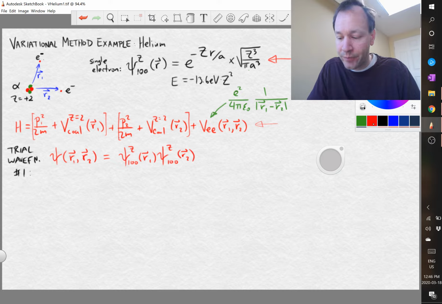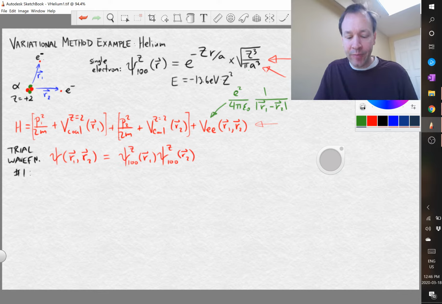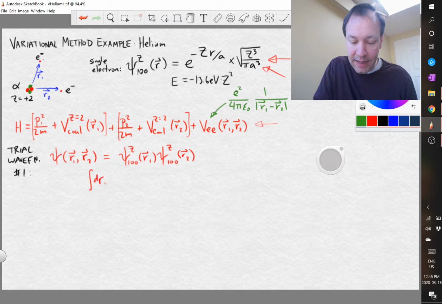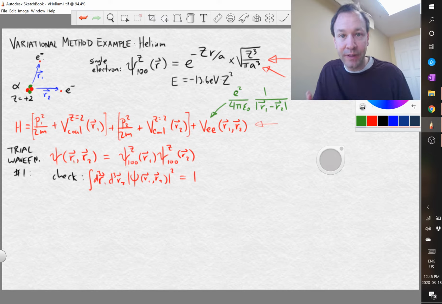and in the subsequent videos we'll improve on that, but let's just see what we get in this case. Now this wave function is already normalized because the normalization factor has been included in our definition up here. We would want to check that if you integrate psi of r1, r2 squared over d cubed r1 and d cubed r2, it's properly normalized.